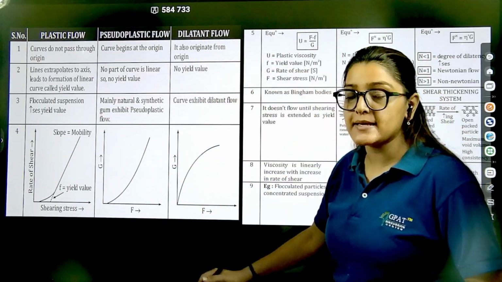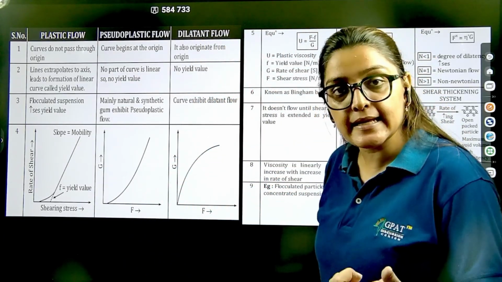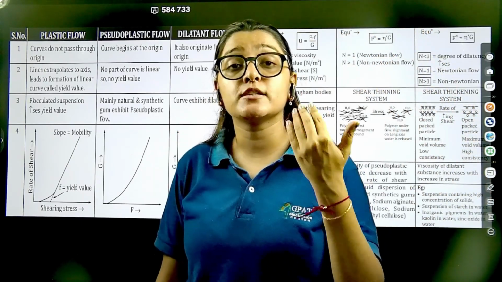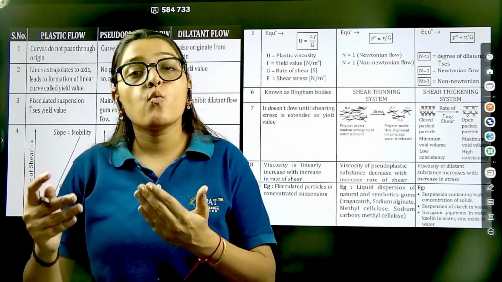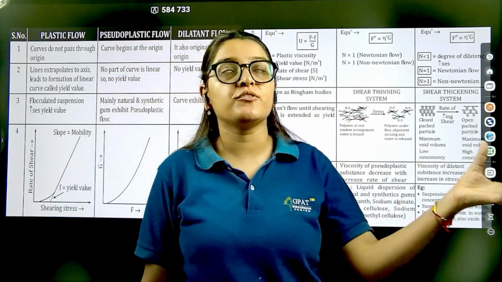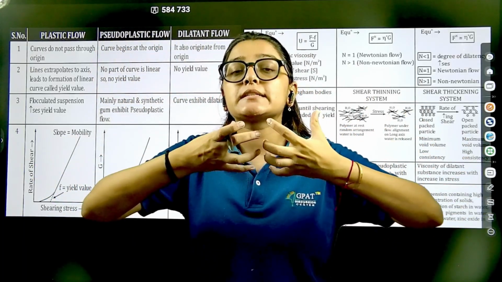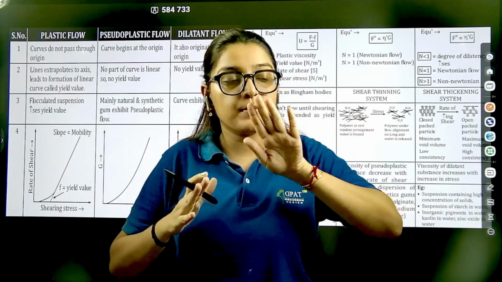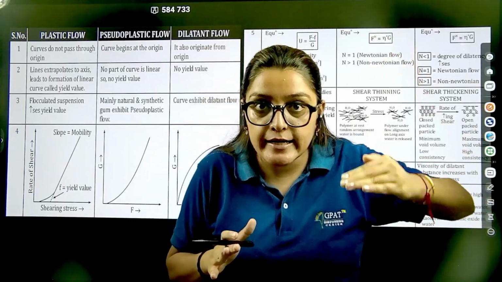Then the pseudoplastic one, the shear thinning system, mainly includes gums, natural tragacanth, sodium alginate. Once you apply stress, let's suppose in the form of heating, it will start to lose its attractive forces and is able to flow. That means the viscosity is going to reduce.